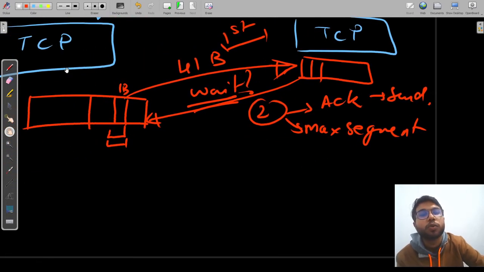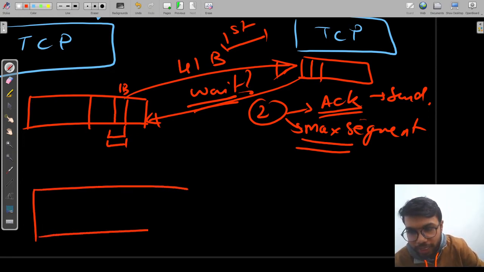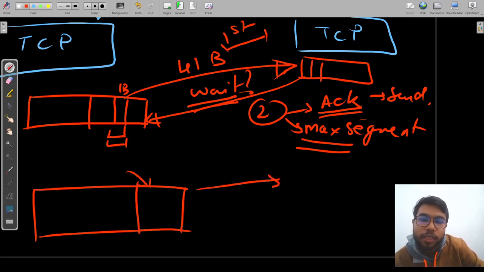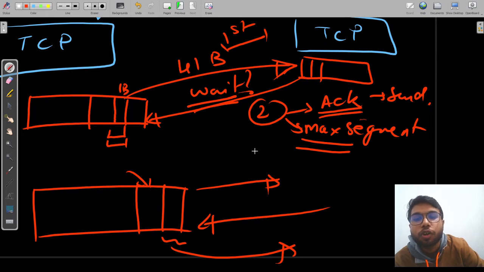So what we're saying is you wait for either the acknowledgement to come or for the segment to be big enough. Basically, the first part of things you would send, and then you start waiting. As soon as I get my acknowledgement, I would send whatever I have collected, no matter how big or small it is.